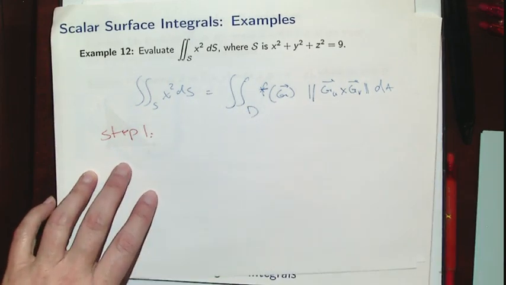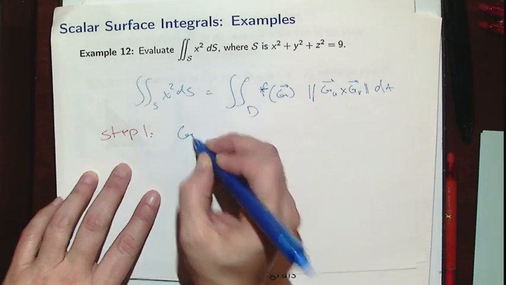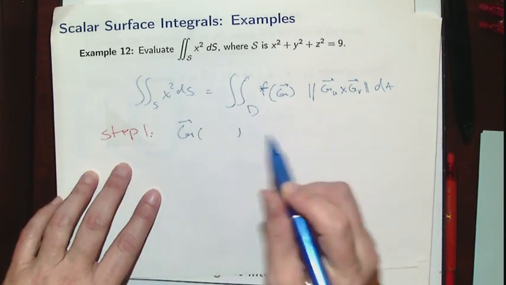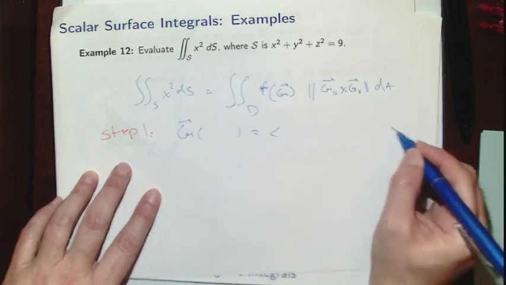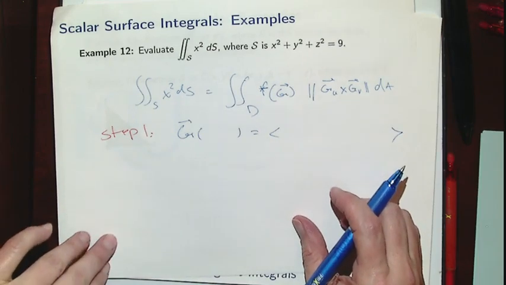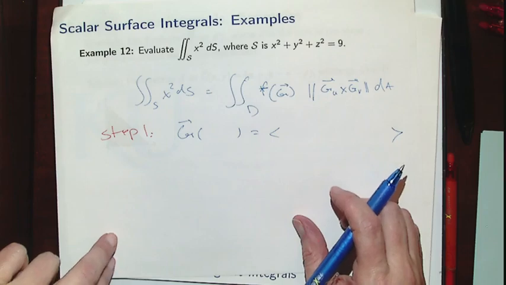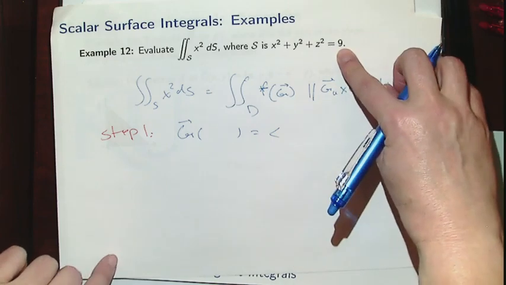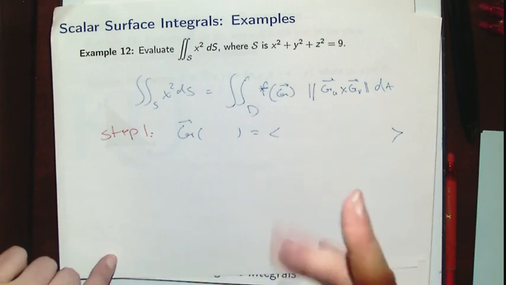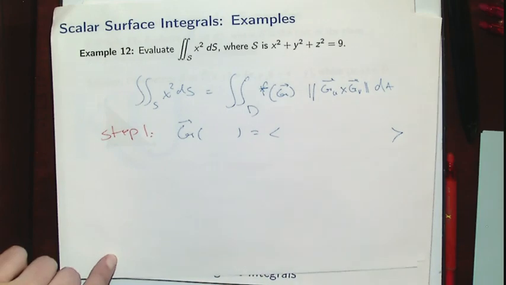Do you have a parameterization? G. What parameters, my friends? What is the surface? Sphere with radius 3. What should I use to parameterize it? Spherical coordinates.